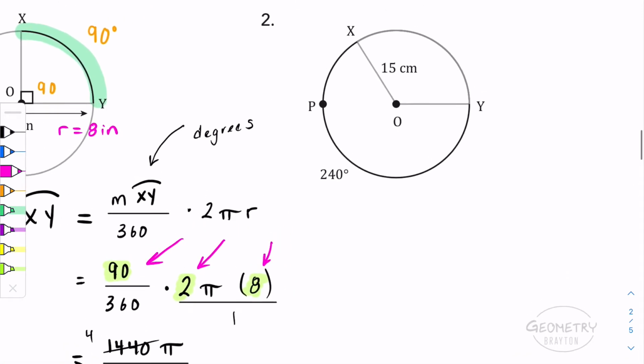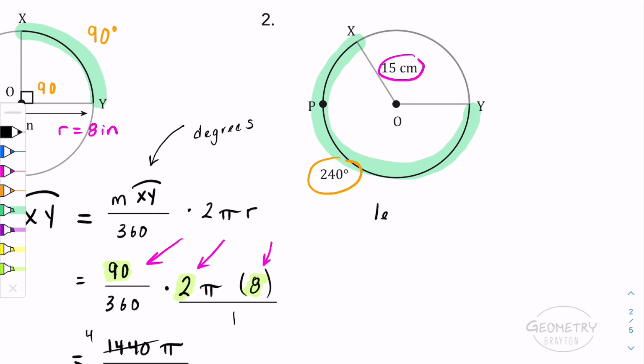All right, let's take a look at number 2. For number 2, we see we have our measure, which is 240. That would be our arc measure. And I also see that I have our radius, which is 15.